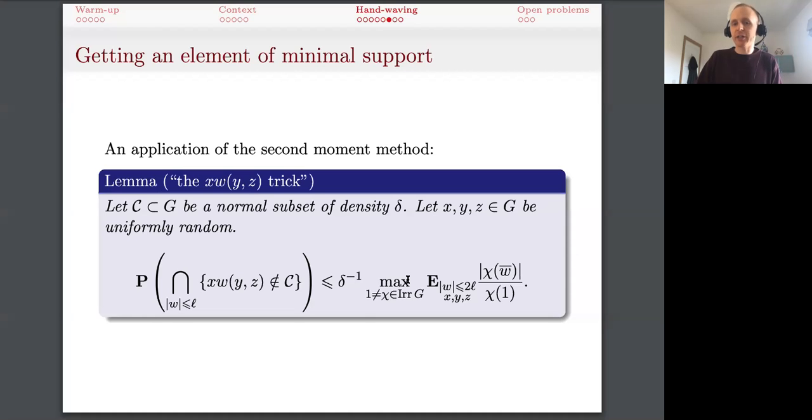And I've got these strong character bounds that say the expected character ratios are very small. So the outcome is that we know that there's some word of not too long a length which lands in our favorite normal subset. And as I explained, that means that you can take a power of this element and you get to an element of minimal degree. So that's the end of how we essentially skip step 1 and go straight to step 2.